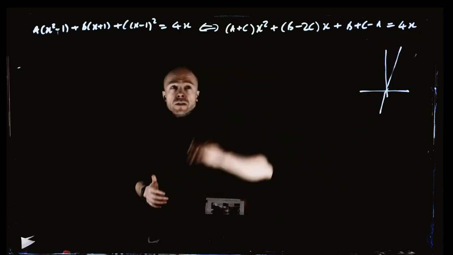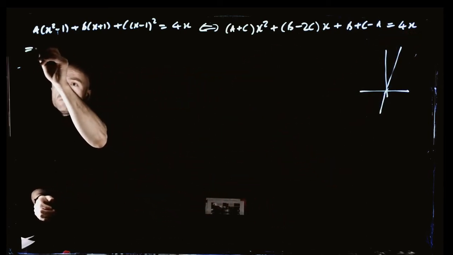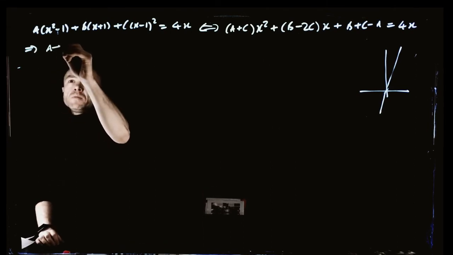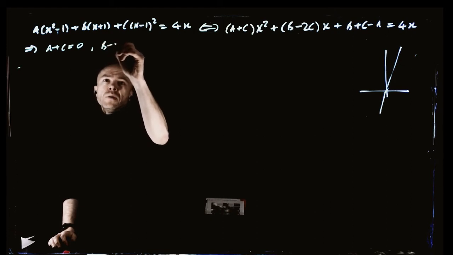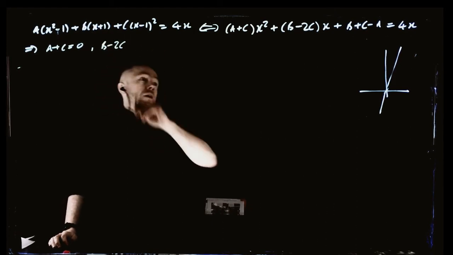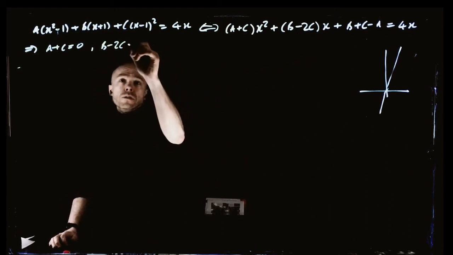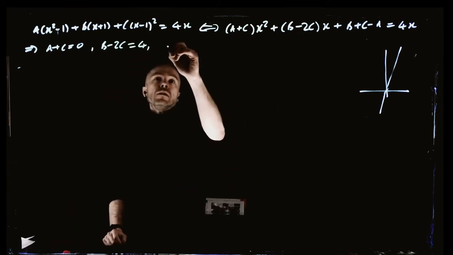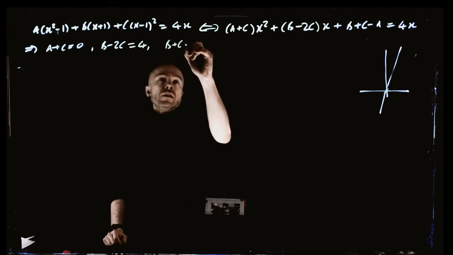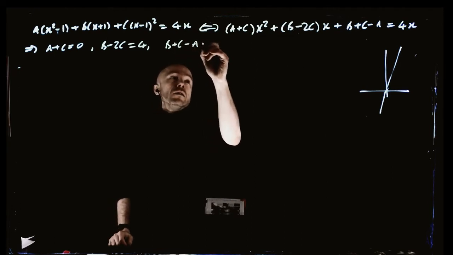So this thing implies 3 separate equations. So it implies that a plus c is equal to 0, that b minus 2c is equal to 4, and that b plus c minus a is equal to 0.